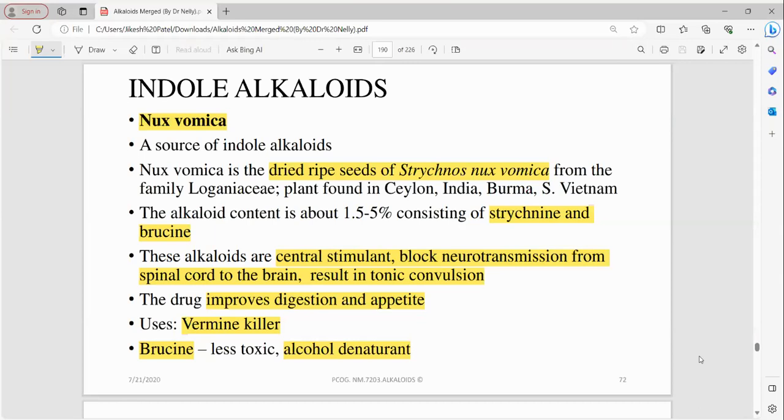But it can also be used to improve digestion and appetite, and to kill vermin. In short, Strychnos nux-vomica is the source of strychnine, obtained from the dried ripe seed. What do you get from it?